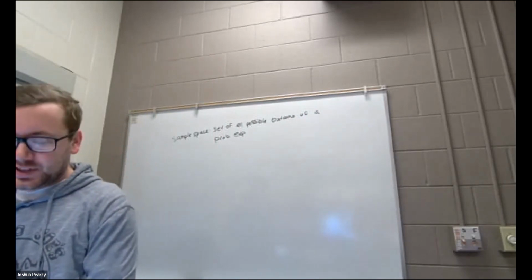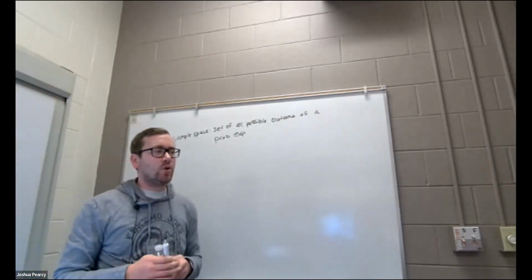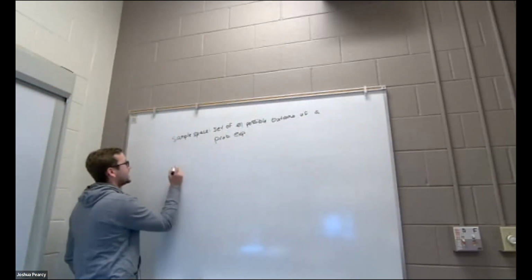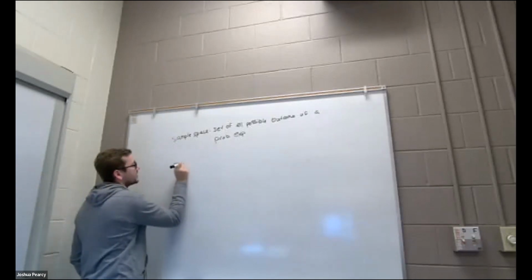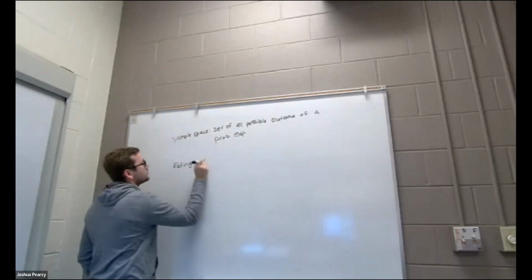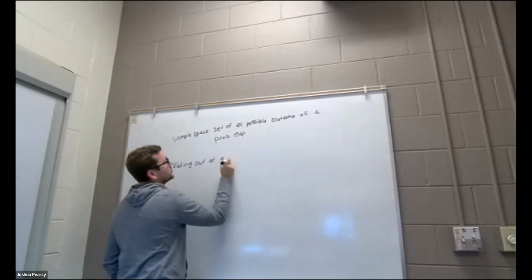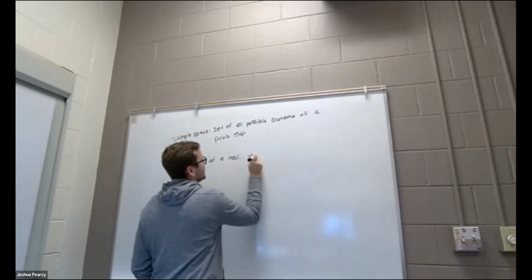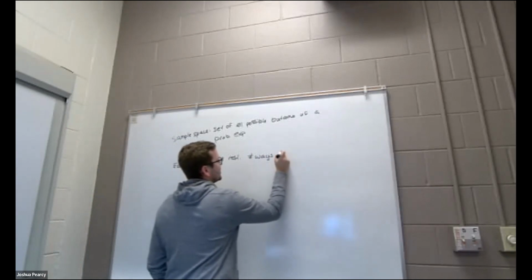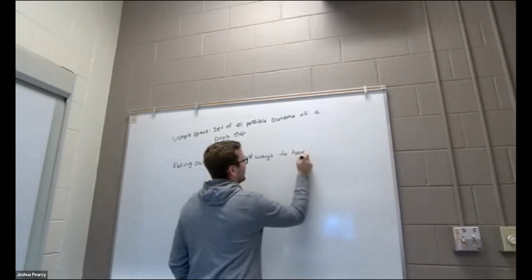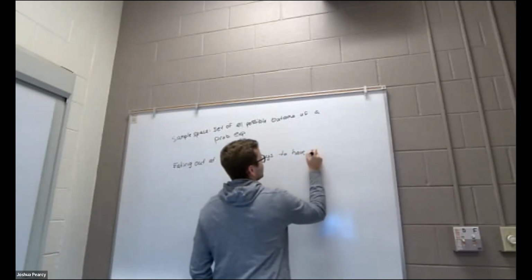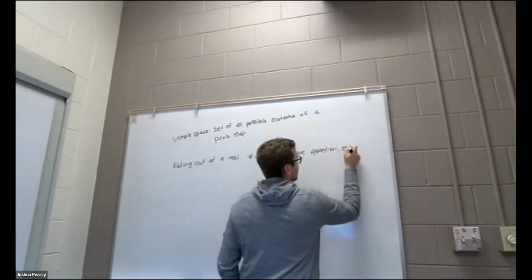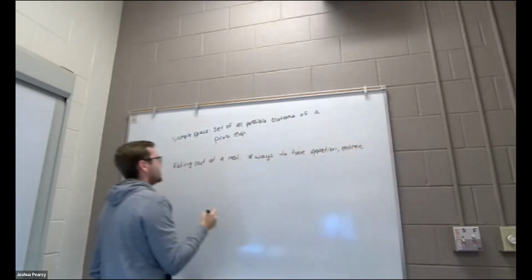So you should also know how to determine the total number of possible outcomes. Say for instance, you're eating out at a restaurant, and you want to know the number of ways to have an appetizer, entree, and dessert.